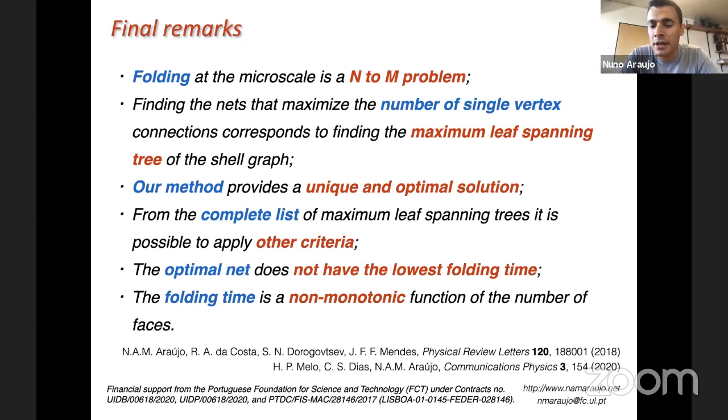And so we can apply other criteria to look for optimal nets based on the likelihood of folding towards the desired three-dimensional structure. And really, looking for the optimal net in terms of reducing the number of misfoldings and looking at folding time are two different problems that need to be studied and understood using different strategies, and the folding time, even in the simplest case of a pyramid, is a non-monotonic function of the number of faces.